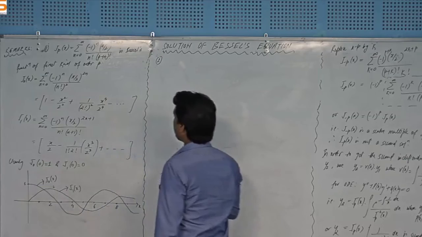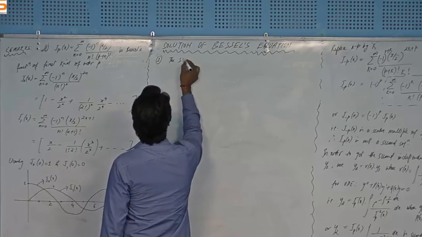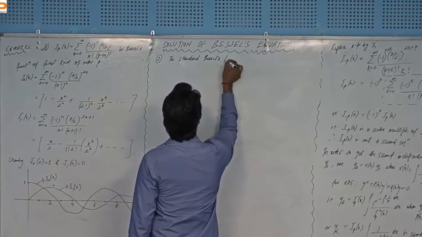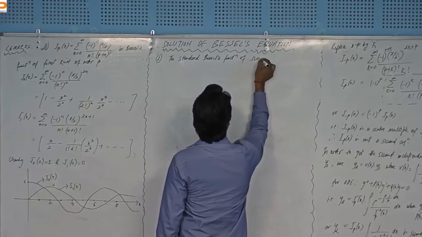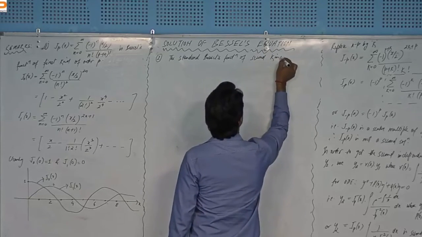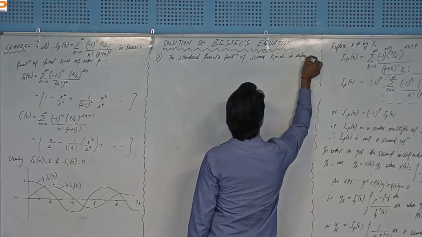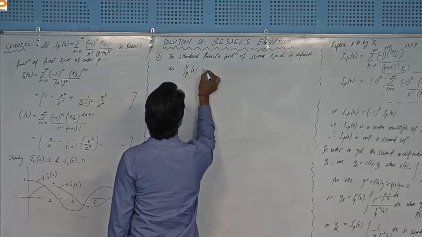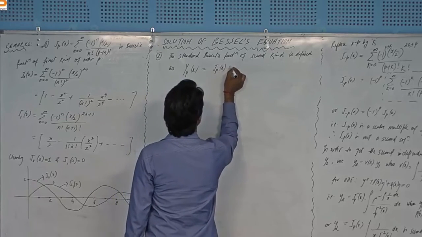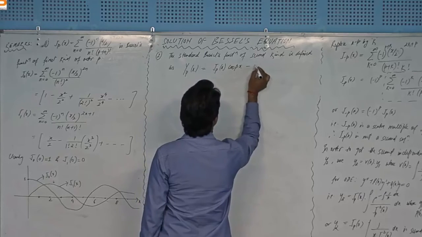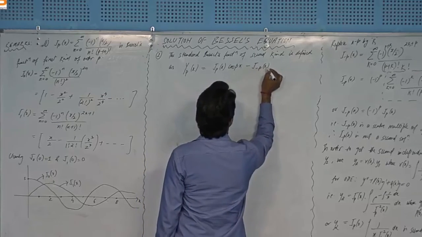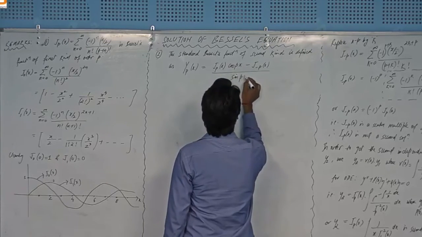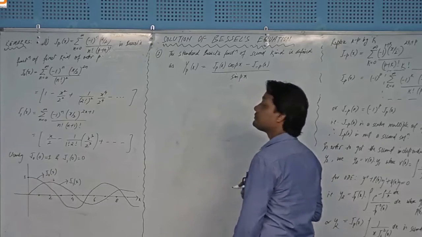Remark number 2, and that is the standard Bessel's function of second kind is defined as Y_p(x) equals J_p(x) cos pπ minus J_{-p}(x), divided by sin pπ, right?